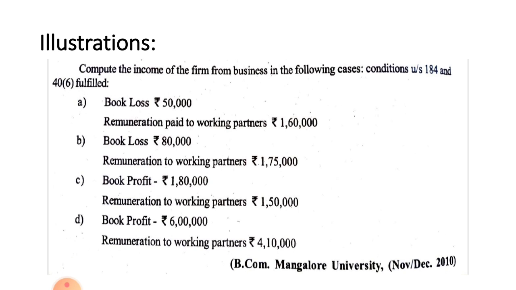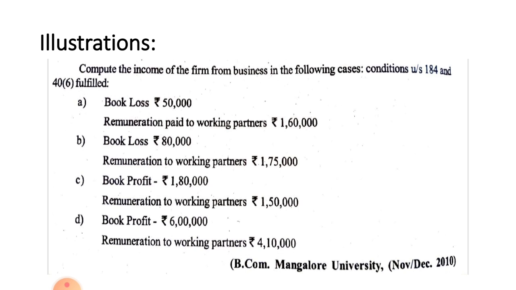Payment of remuneration to any working partner authorized by and in accordance with the deed, exceeding the specified limit, is disallowed. The specified limit we already discussed in the previous session.